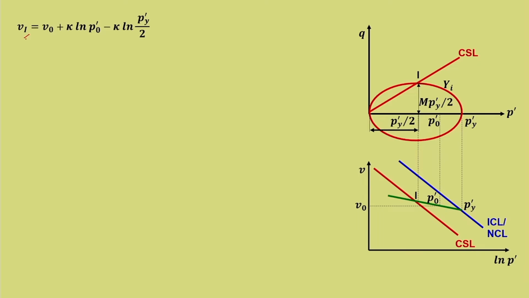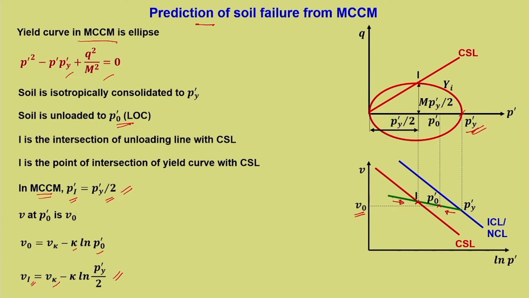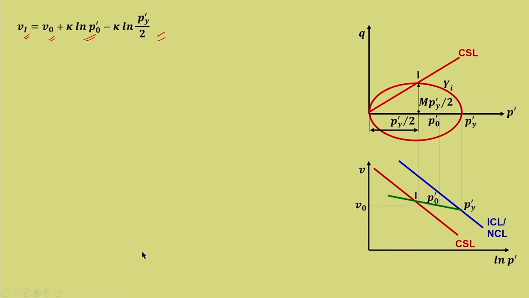We have vi is equal to v0 plus kappa ln p'0 minus kappa ln p'y by 2. Where does it come from? We are substituting it for v kappa. v kappa is v0 plus kappa ln p'0. So, that is substituted for v kappa. So, that comes to be v0 plus kappa ln p'0 minus kappa ln p'y by 2.